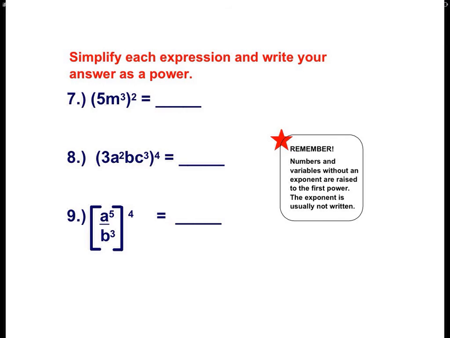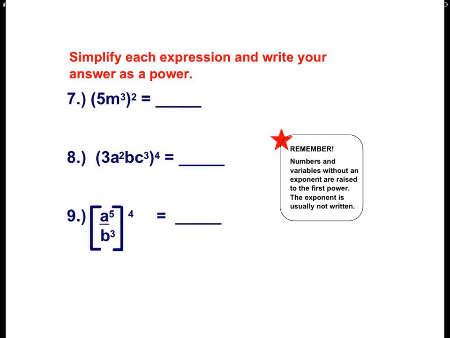Number 7, we have 5m to the 3rd, all raised to the 2nd power. Now let's remember what I mentioned earlier. Anytime we have a number or a letter without an exponent written, it's understood that there is a 1 there. So let's go ahead and write in that understood 1.